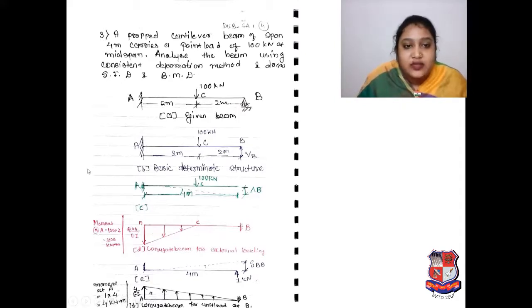Okay, it is fixed here, 2 meter as it is. Our 100 kilonewton load is as it is. So here we just remove that support, and whatever force it is here, in upward direction. So based on that, removing the support, our beam is a propped cantilever, the basic determinate structure.